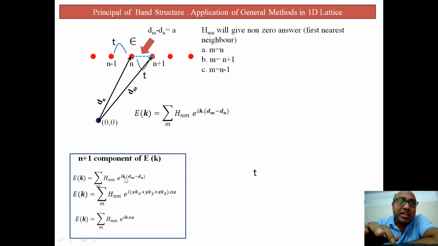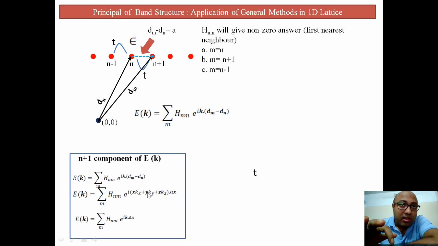So Hnm. Now e to the power ik dm minus dn. Now what is k? K is equal to, as I told you, kx plus ky plus kz. And this is a dot product. Okay, dot. And now what is my dm minus dn? So k I have expanded as kx plus ky plus kz, and here x, y and z are actually unit vectors. Kindly check it again.